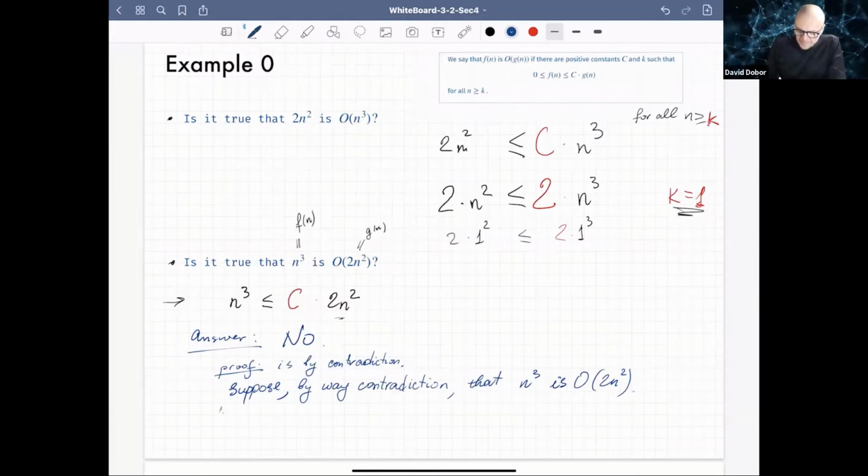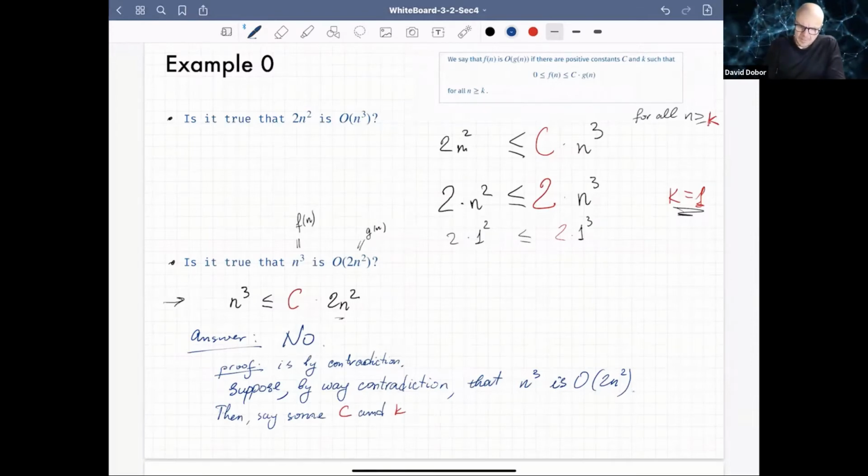Then say some C and K work as witnesses, so you can fit the definition.